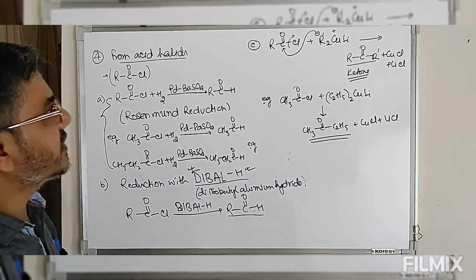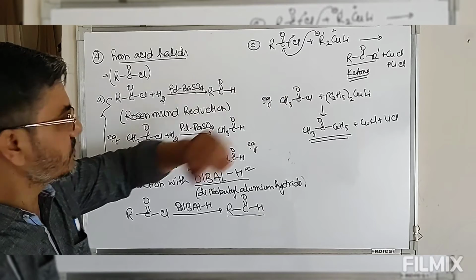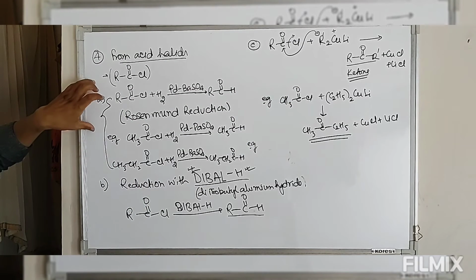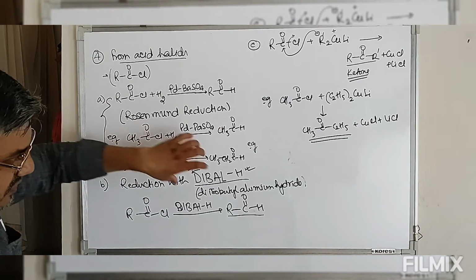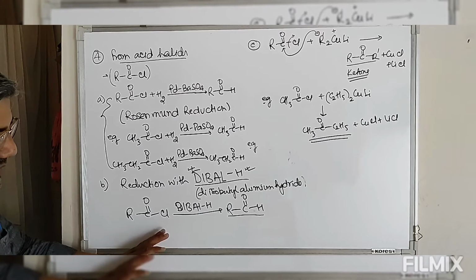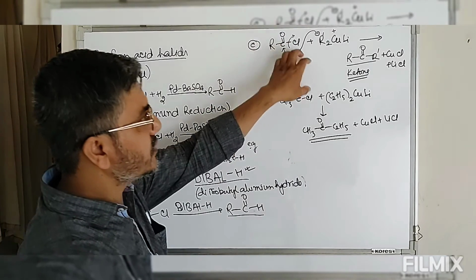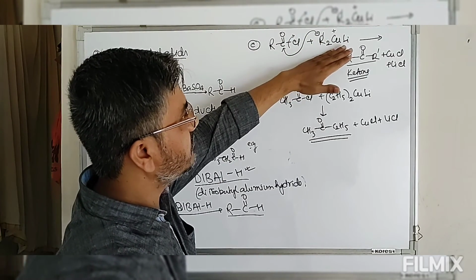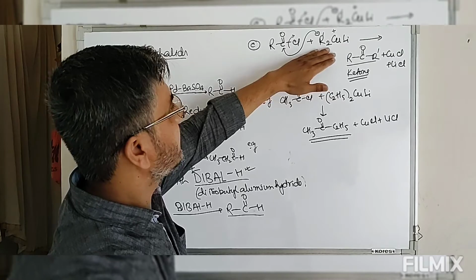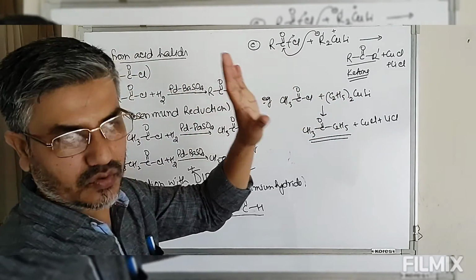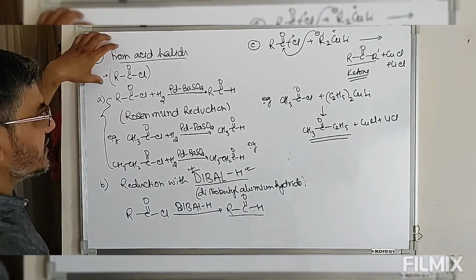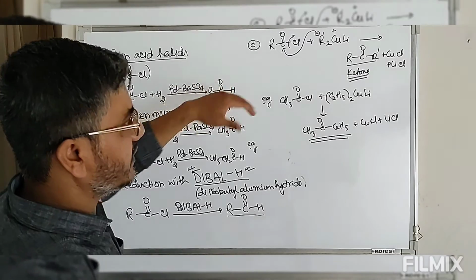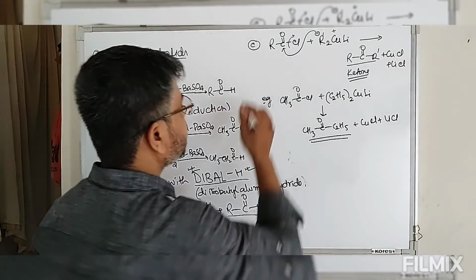So by this method we can prepare ketones. The first two methods, Rosenmund reduction and DIBAL, give you aldehyde, but reaction with lithium cuprate gives you ketone. So that means from this acid halide there is a possibility of preparation of aldehyde as well as ketone.